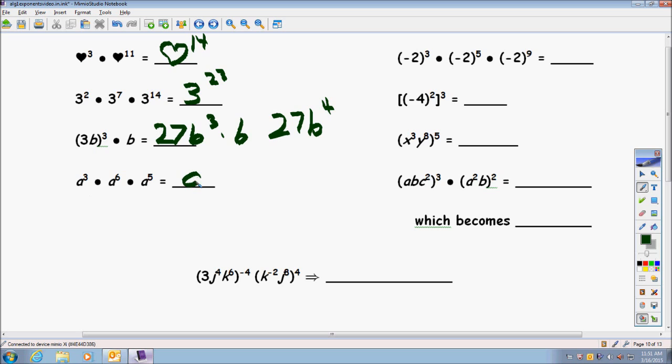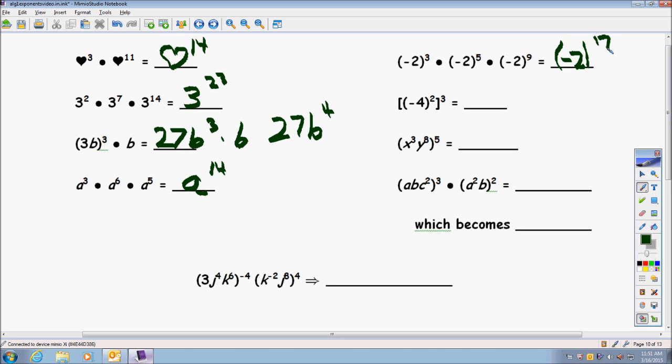Okay, A to the 14th. Okay, whenever you have a negative number in parentheses, leave the parentheses. Okay, don't lose the parentheses. -2 to the power of 17. -4, keep it. -4 to the power of 2 times 3 is 6. Okay, x 15, y 40.